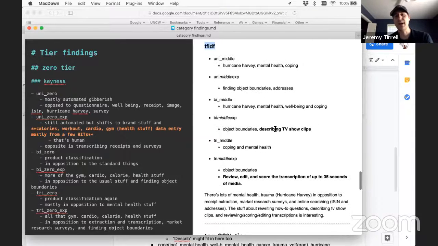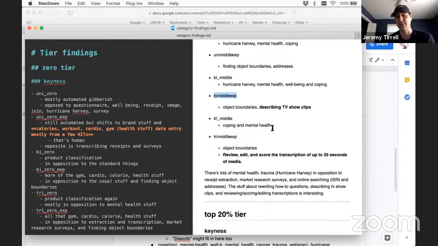So in Tf-Idf you see literally, in the bigrams, TV show. And it's like, well, what's that? If you do a find in the data, it takes you to hits like, we're going to show you 35 seconds of a TV show clip, and we want you to describe what you're seeing. That feels like a human task, you know?